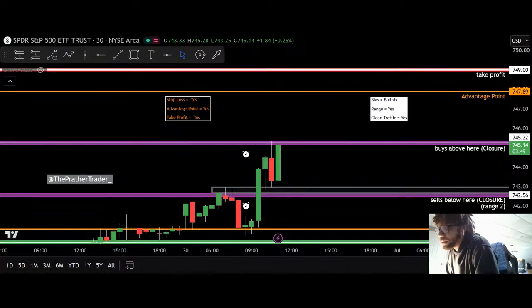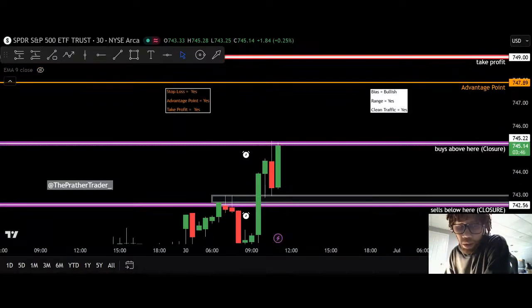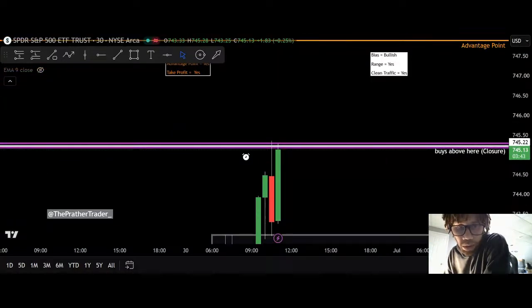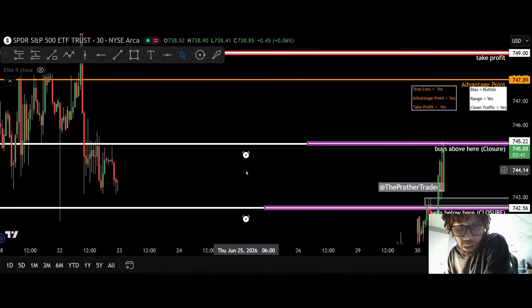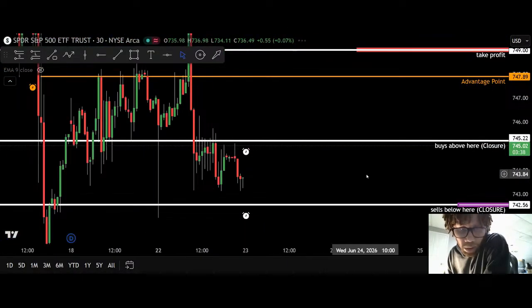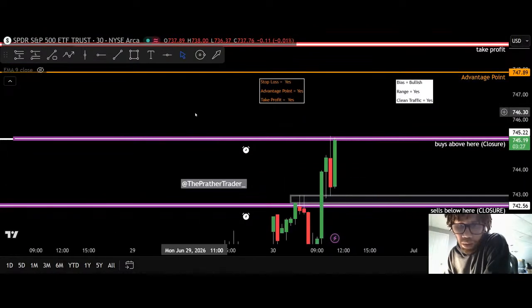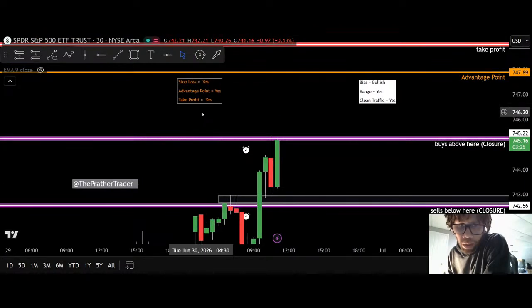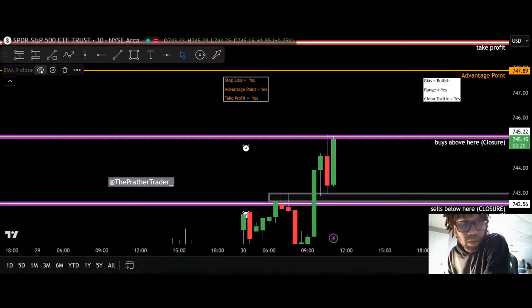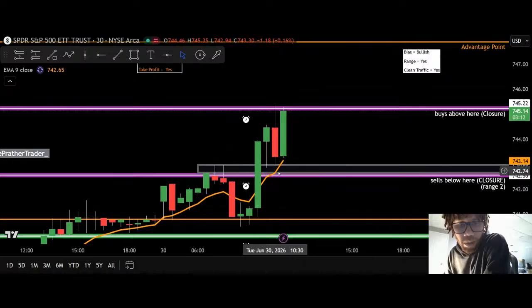We got 4 minutes for this 30-minute candle to close. Okay, we're clearly trading above the 9 PMA.